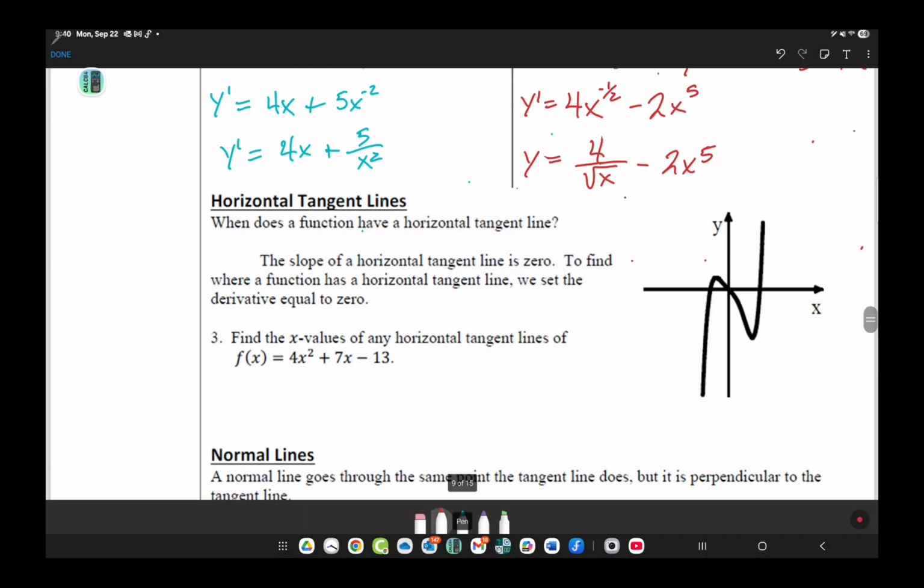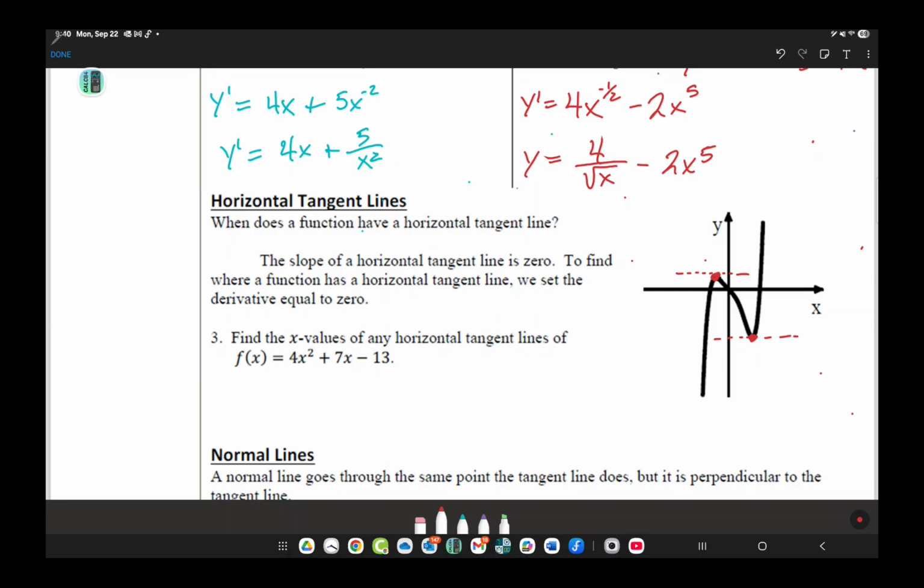Horizontal tangent lines. Where on this graph are you going to have a horizontal tangent line? What are those called, by the way?